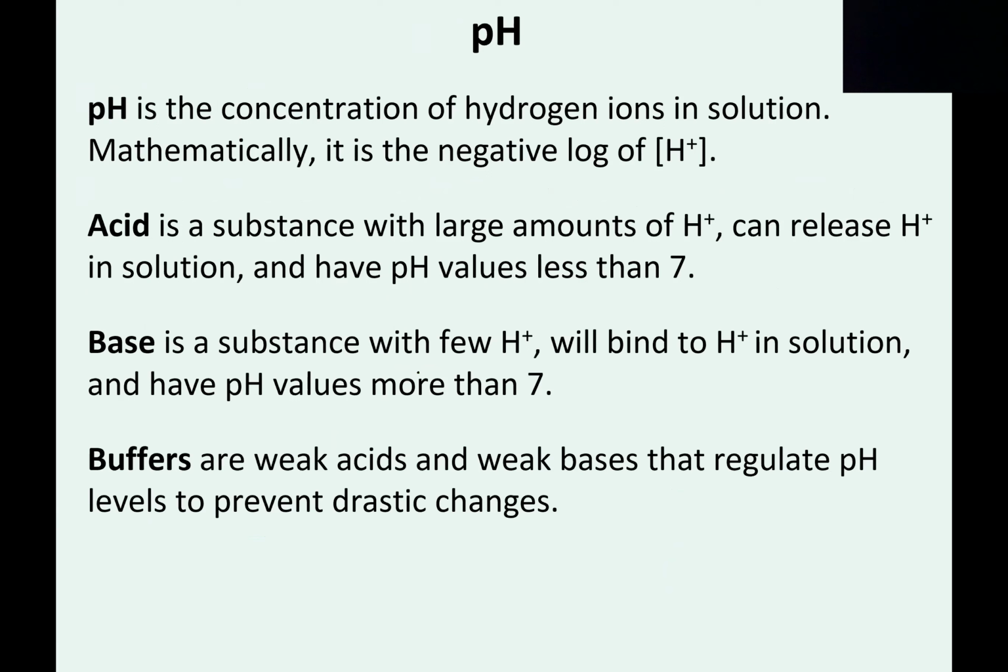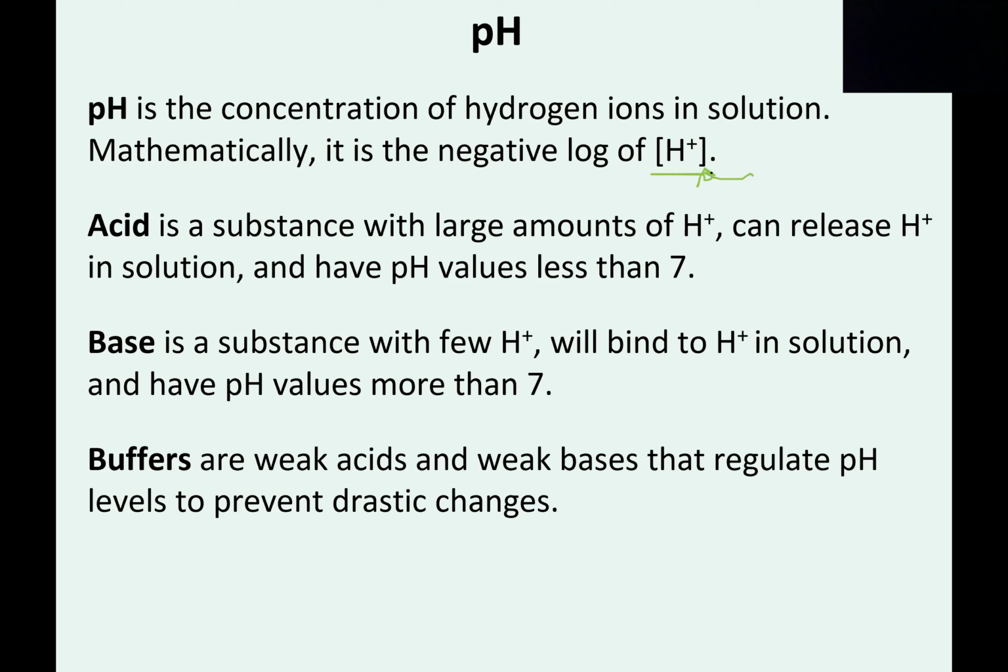pH. And yes, it has to be lowercase p, uppercase H, because uppercase H is the chemical symbol for hydrogen. It's the concentration of hydrogen ions in solution. Mathematically, it is the negative log of the concentration of hydrogen ions.